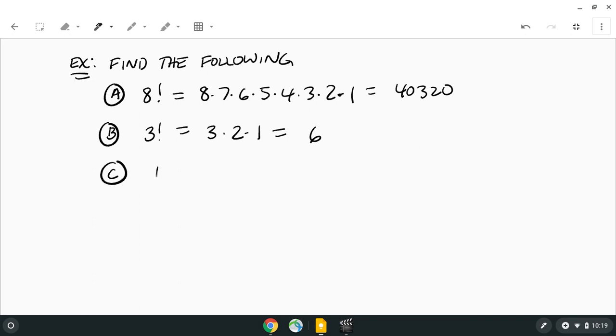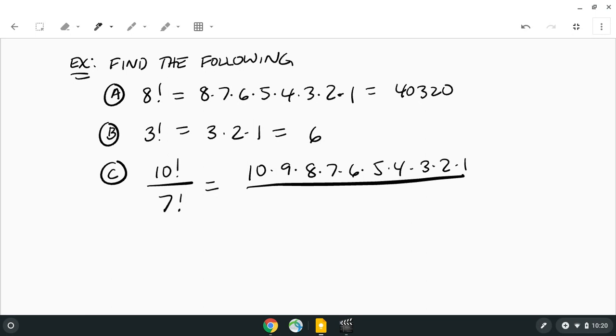Okay. And if we are doing this, 10 factorial over 7 factorial, this could be done easily by hand. 10 times 9 times 8, 7, 6, 5, 4, 3, 2, and 1. And over here, this is 7, 6, 5, 4, 3, 2, 1. But then all of this cancels out, right?